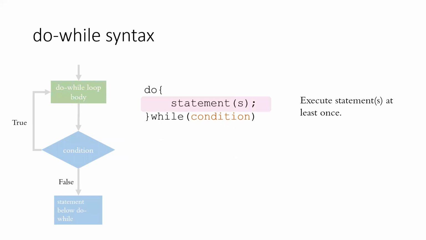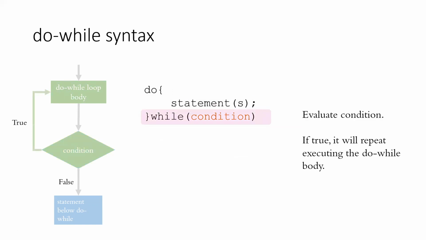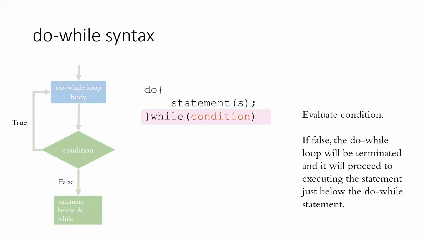It executes the statement at least once, after which the condition will be tested. If the condition is true, it will execute the loop body again, and it will keep on executing until such time that the condition becomes false. If false, the do while loop will be terminated and it will proceed to executing the statement just below the do while statement.